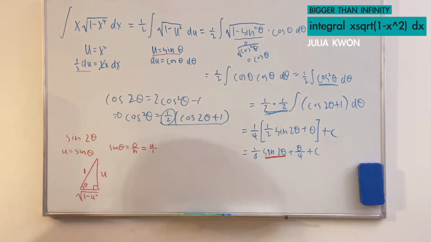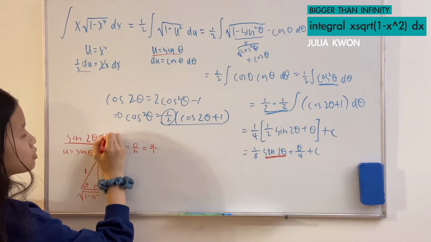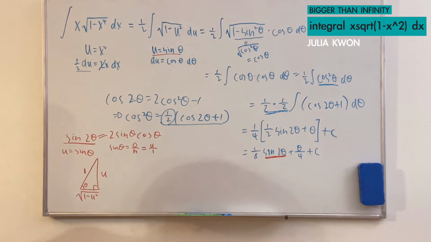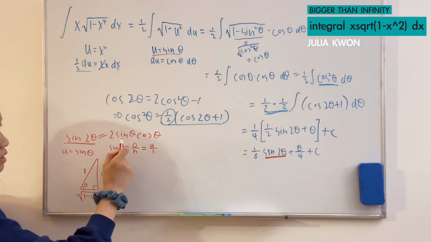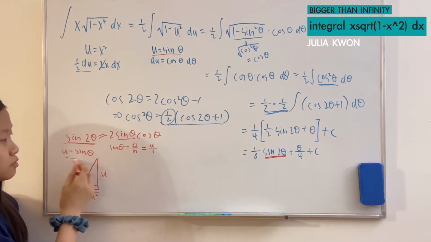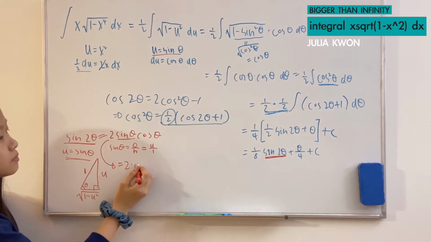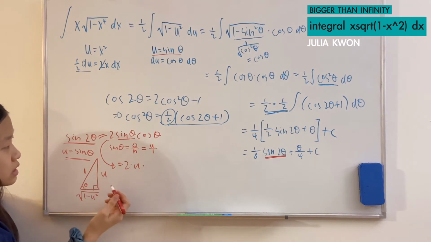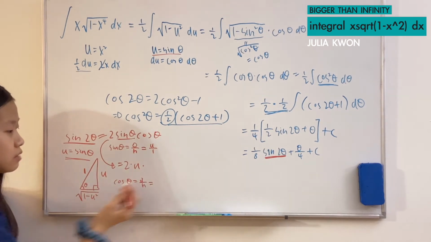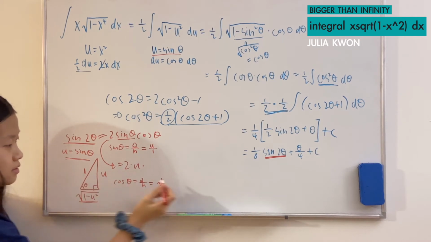And we know that sine 2 theta is equal to 2 times sine theta times cosine theta. And also, we can replace the sine theta with u. We already know that. So 2 times u times cosine theta, where cosine theta is equal to the adjacent over the hypotenuse. So that would be the square root of 1 minus u squared over 1.